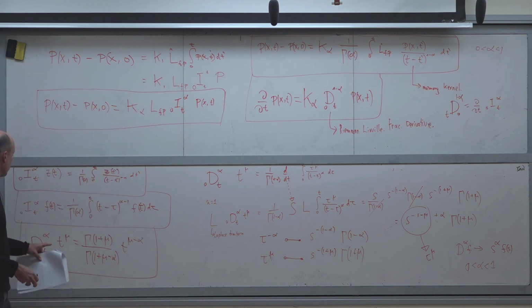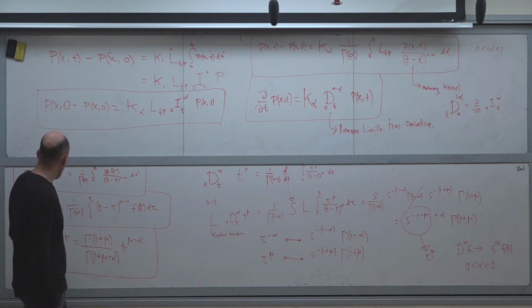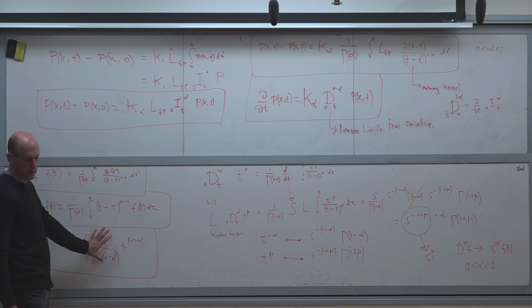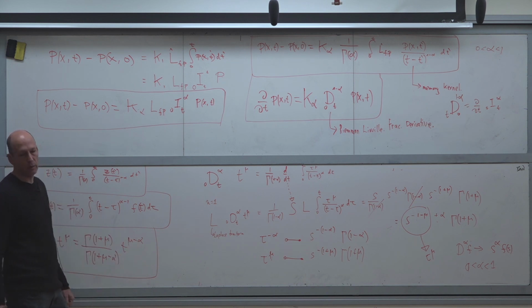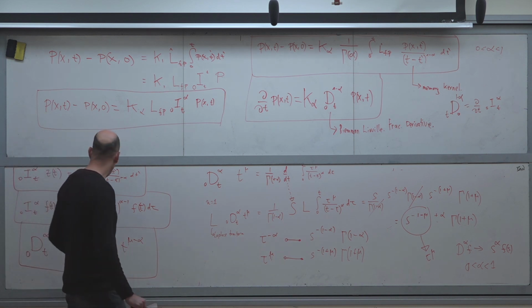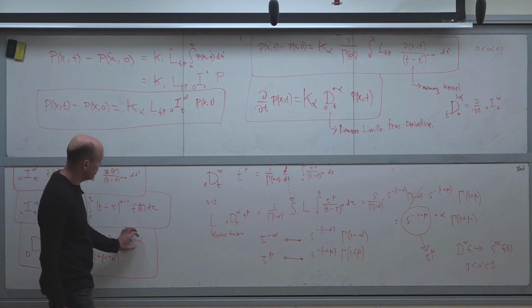Of course, if you have your integers, it also works, because then these gamma functions turn into factorials. And if you ignore for a second these gamma functions, the fractional derivative of order alpha of t to the power mu is t to the power mu minus alpha, which again makes sense, because usually we are used to, you have here mu, and here you have, let's say, 1, then you'll have mu minus 1.